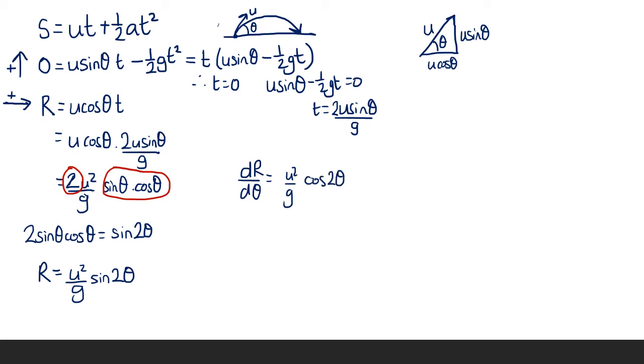And because of the chain rule, we have to differentiate 2 theta as well, which is 2. So a 2 comes to the front. So there's the derivative. And if we want to find a turning point, then we set that equal to 0. And therefore, since u squared and g are just constants, we can say that cos 2 theta equals 0.